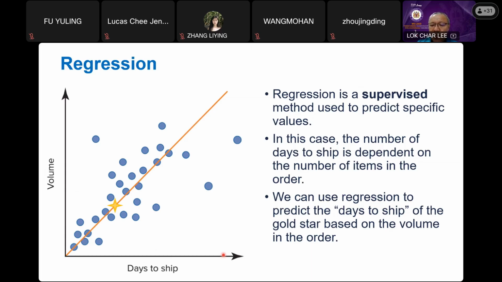Regression and correlation are different. When you say two things are related, it doesn't mean that one is affecting the other. Yes, they are related, but it doesn't mean they affect each other.